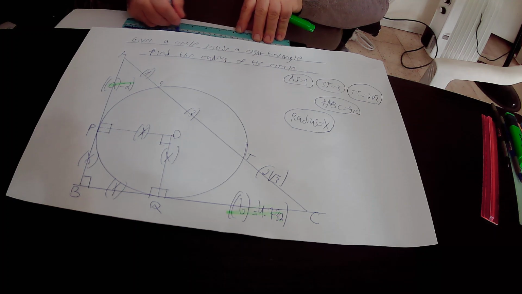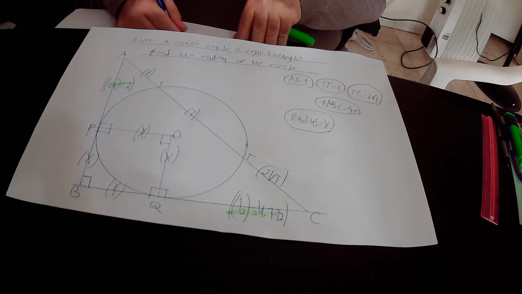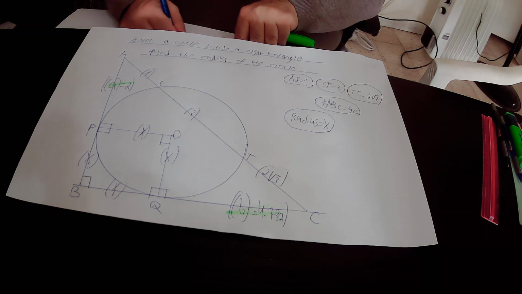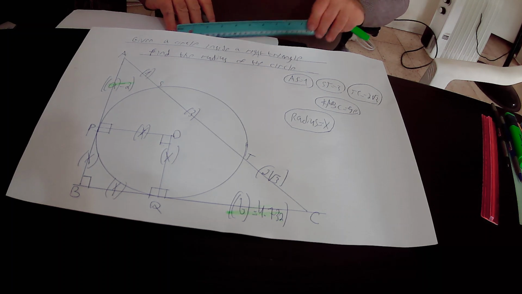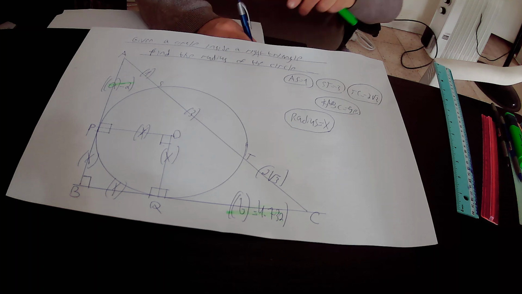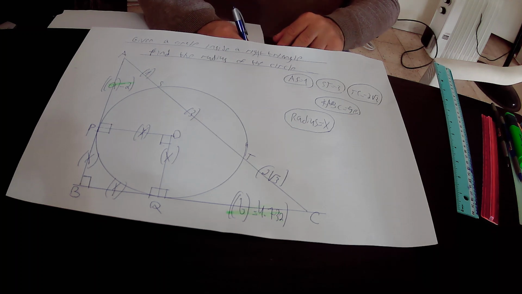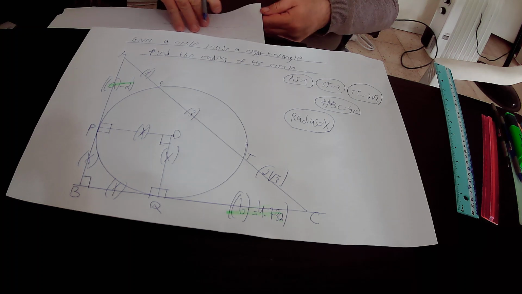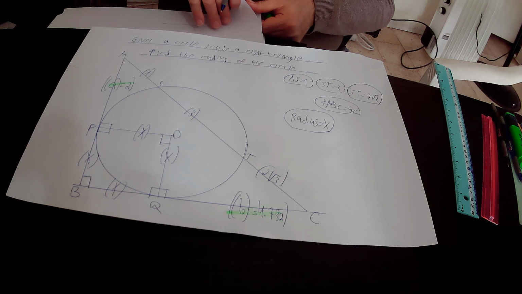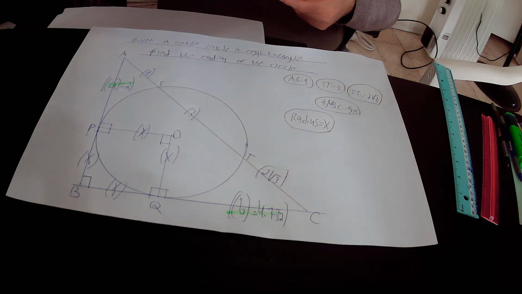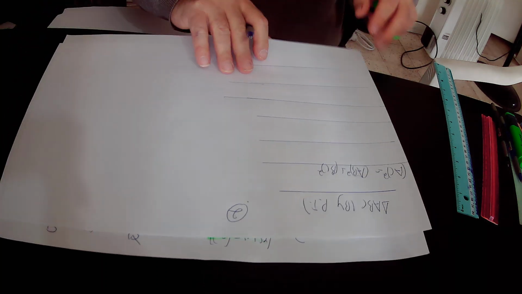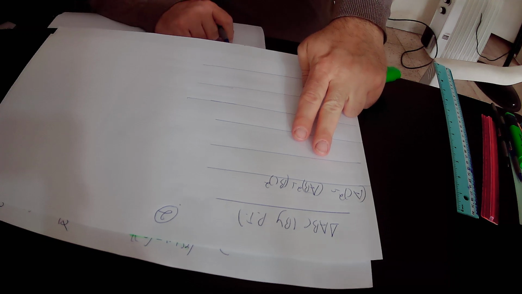So the hypotenuse on the right triangle ABC is AC, therefore the square of the hypotenuse is AC squared, and it must be equal to AB squared plus BC squared. So in conclusion, in the right triangle ABC, AC squared equals AB squared plus BC squared.